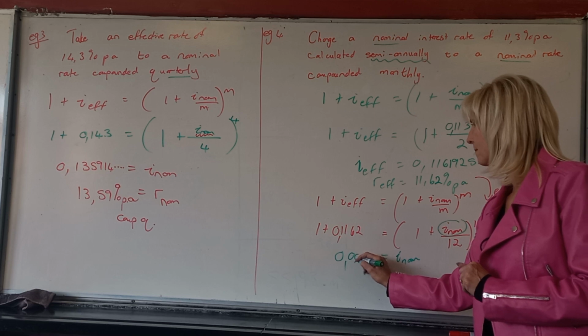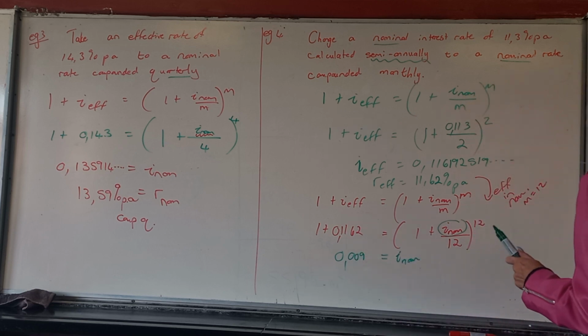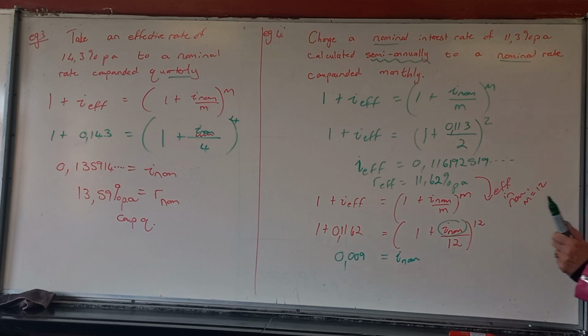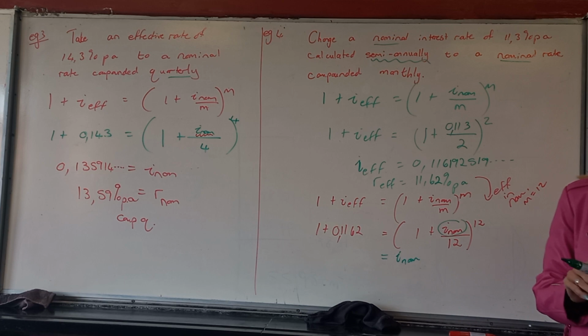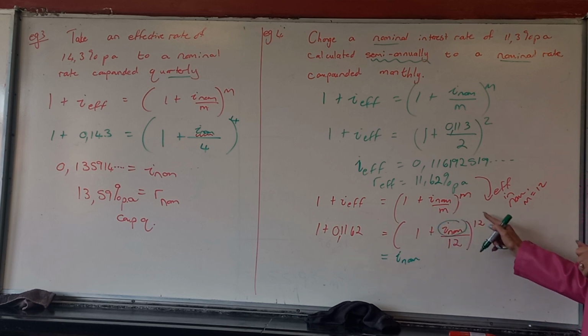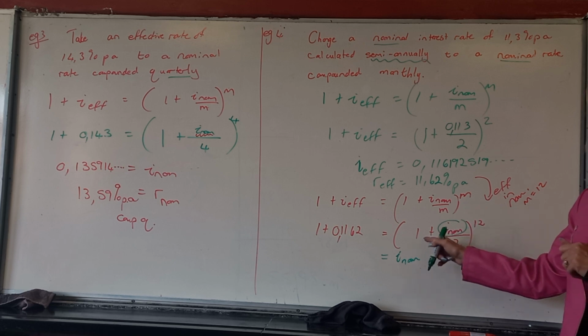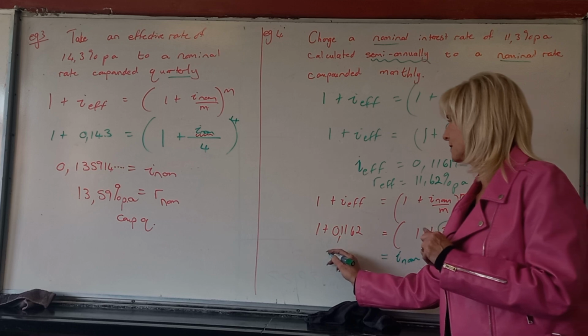0.009. No, it doesn't seem right. Please help me. 1 plus 0,1162 equals, root 12 equals, minus 1 equals, times 12 equals, and the answer is?